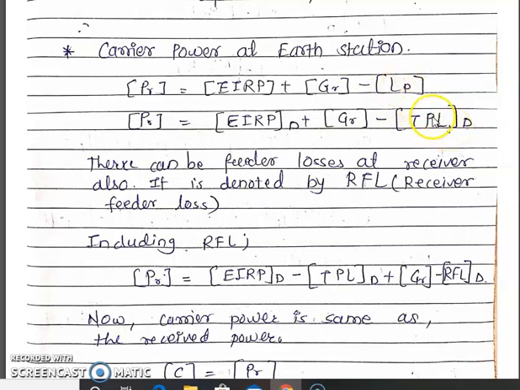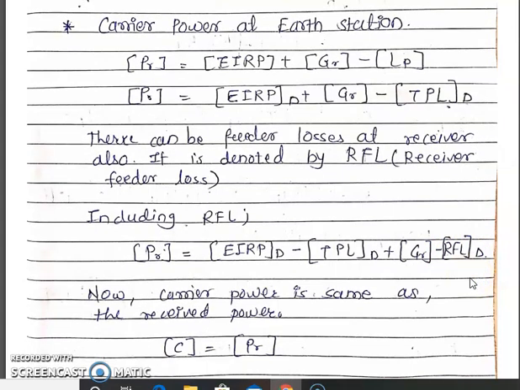So the equation can be rearranged. There can be feeder losses at the receiver also, and it is denoted by the receiver feeder losses. So by considering all this loss, that means from EIRP, gain, total path loss, again at the antenna side feeder loss is there. So it is minus RFL for the downlink.